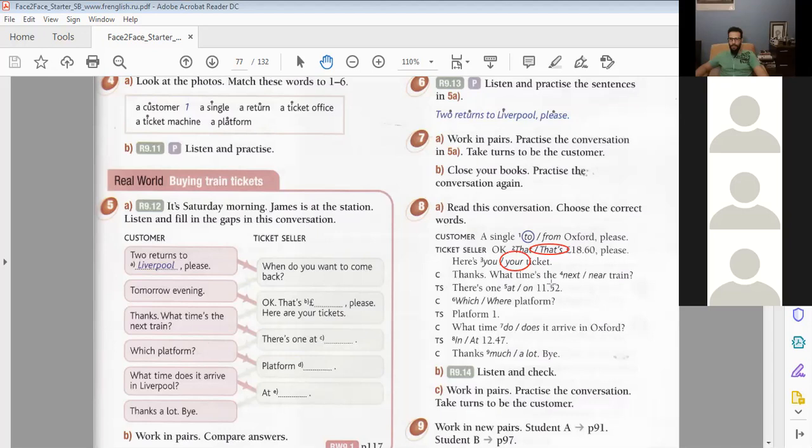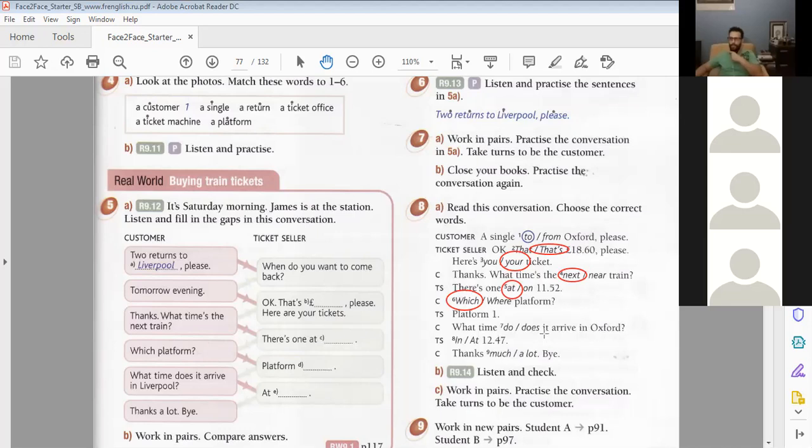Thanks. What time's the next train? There is one at 11:52. Which platform? Platform 1. What time does it arrive in Oxford?